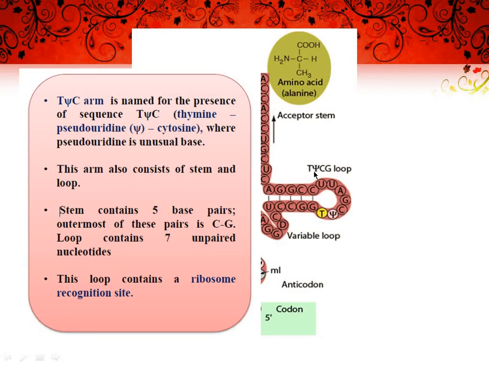Hence, it is named the T-C loop. This loop also has a stem. The stem consists of 5 base pairs, and the loop consists of 7 unpaired nucleotides. This loop is responsible for the identification of the ribosomes, the active ribosomes.